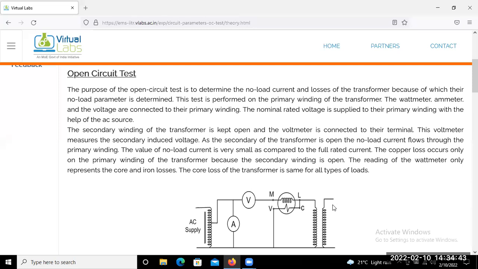So you will find here the no load supply is connected through this coil, that means the LV side, sorry, HV side. Okay. Then you connect the ammeter, wattmeter and voltmeter according to the circuit.